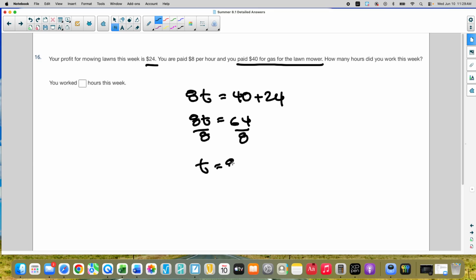T equals 8 hours. I would need to work 8 hours in order to make a $24 profit. That's my profit. That's how much I spent of my total money that I was paid. We would divide it by 8 in order to equate to $8 per hour.